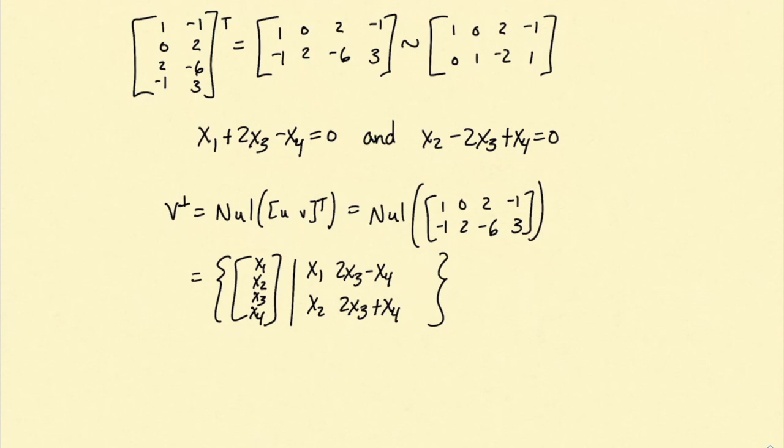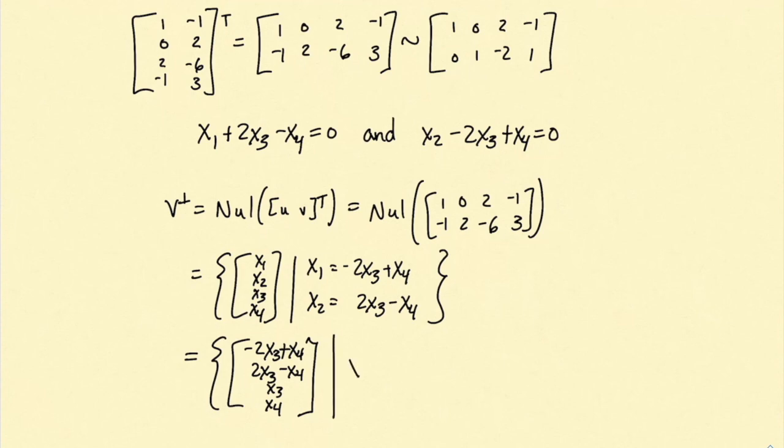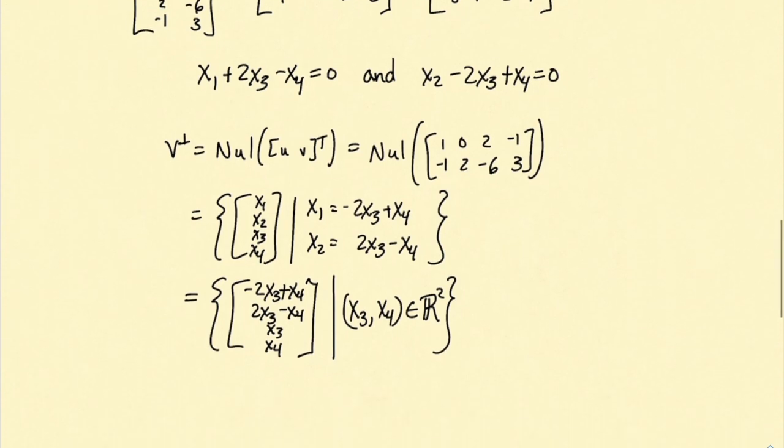x1 is equal to negative 2x3 plus x4, and x2 is equal to 2x3 minus x4, which we can also represent as the set of vectors (negative 2x3 plus x4, 2x3 minus x4, x3, x4) parametrized by all pairs x3 and x4 in R^2.